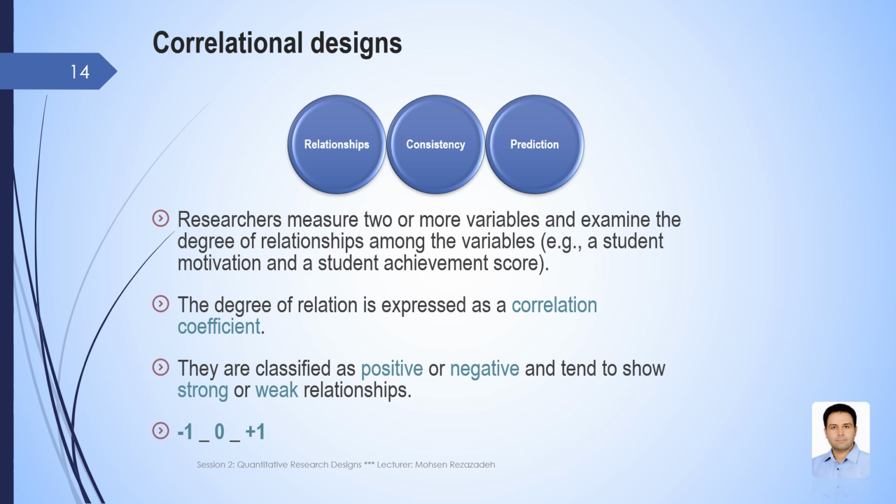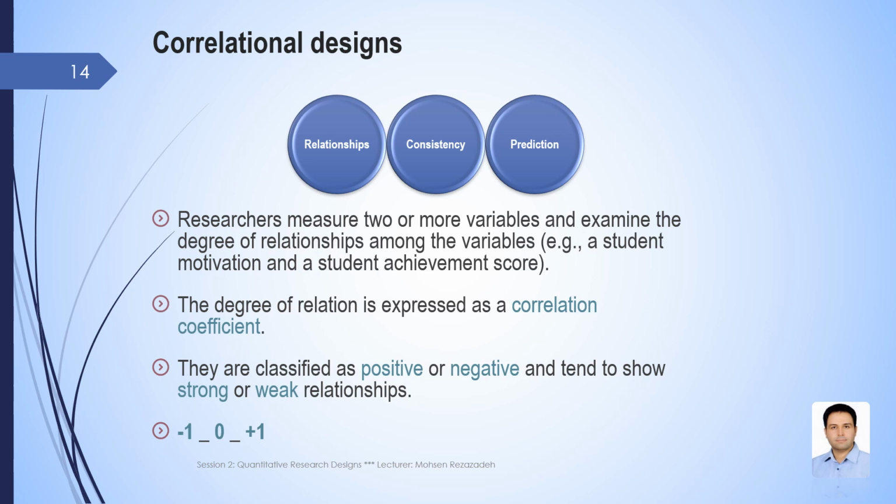In the example we have about students' motivation and their achievement score, if there is a positive relationship, we can say the higher the student's motivation, the higher their achievement score. But if we have a negative relationship, we say the higher the student's motivation, the lower their achievement scores. This is the meaning of negative correlation.